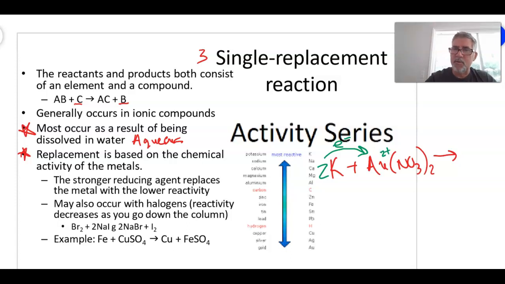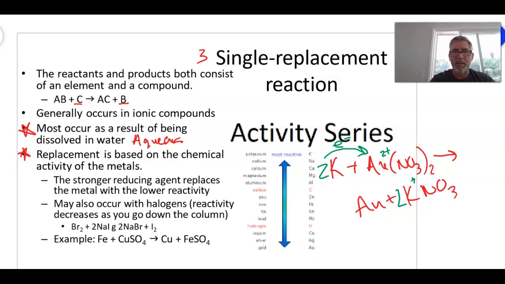So I do that, and I get gold metal plus potassium nitrate. Now each of these potassiums is an ion because it gave up its electron to gold, and gold now is a metal. So that's a single replacement reaction. The more active replaces the less active.